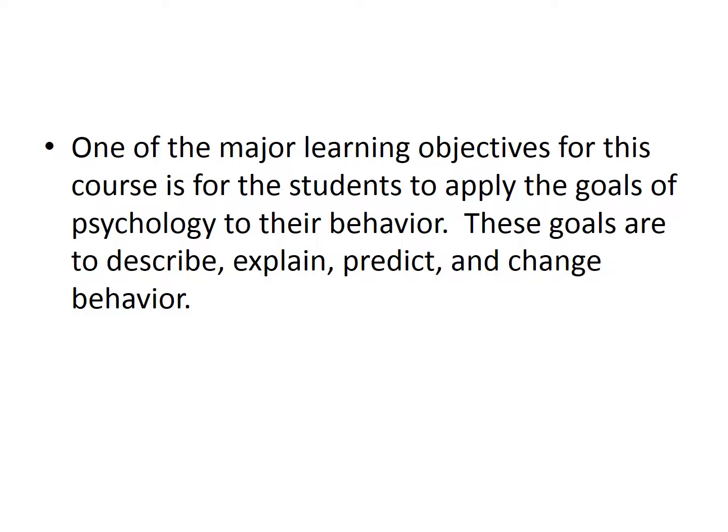One of the major learning objectives for the introductory psychology course is for the students to apply the goals of psychology to a behavior that they would like to change. They choose the behavior at the beginning of the semester, and then they need to describe, explain, predict, and change the behavior. Over the course of the semester, students are required to submit 5 assignments to this end.